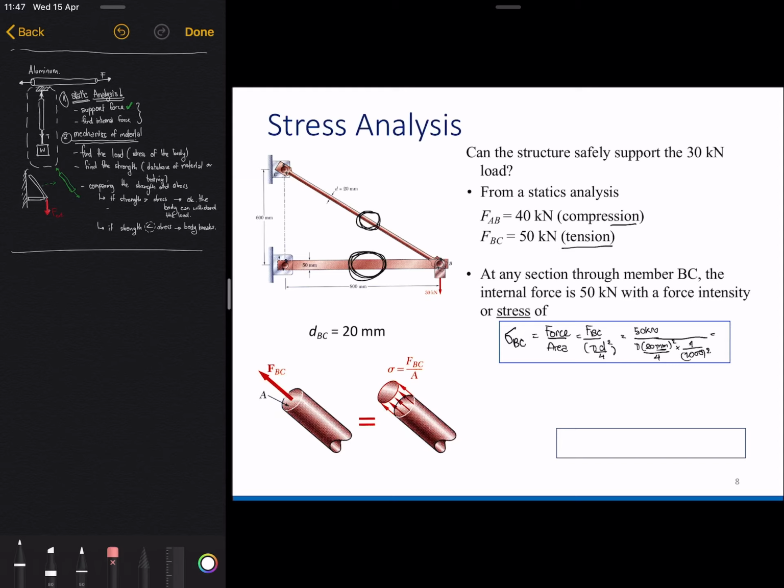In the end you will get 159 times 10 to the power of 6 Pascal, or you can say 159 megapascal. This Pascal, Pa, is equal to Newton per meter squared. Please be careful of the units.